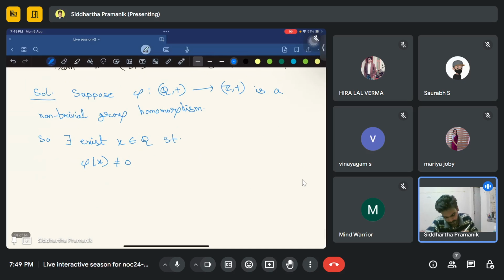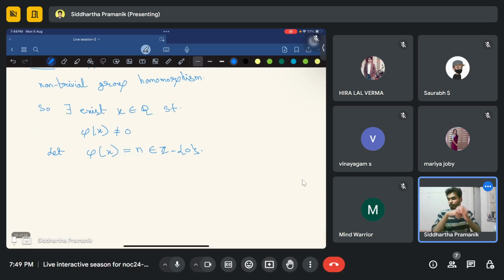But phi of x is an integer, right? So let phi of x equal n, which belongs to Z. So n is non-zero, right? Now x by 2n is also a rational number, right?